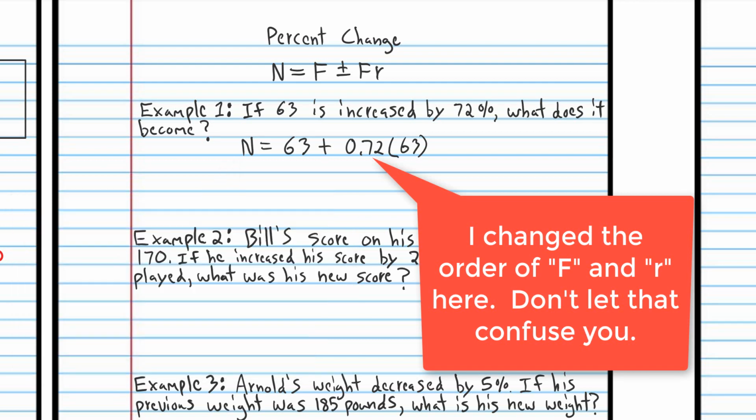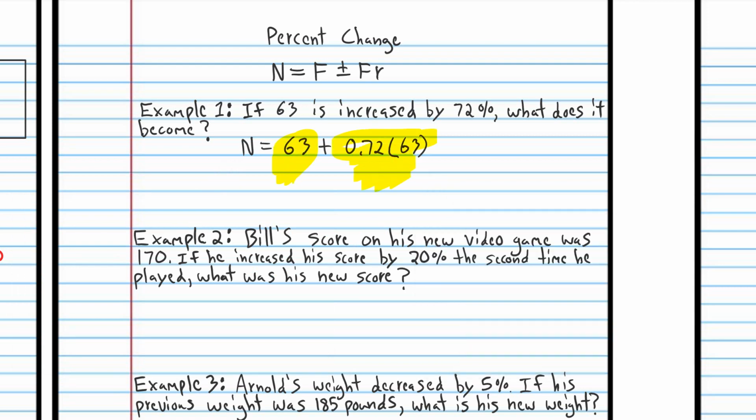You take the original number and then you add 72% of that number. Now, we learned in previous problems that to find 72% of the number, you take the percent, change it to a decimal, and multiply it by the original number. So this is just a more complicated problem when it comes to finding the percent of a number. So you find 72% of the number, and then you add it to the original number, and that's what it means to increase a number by 72%.